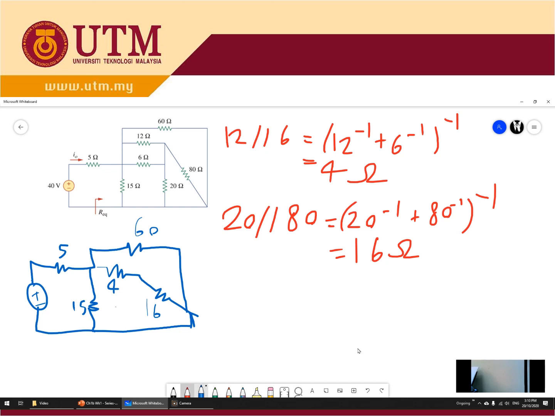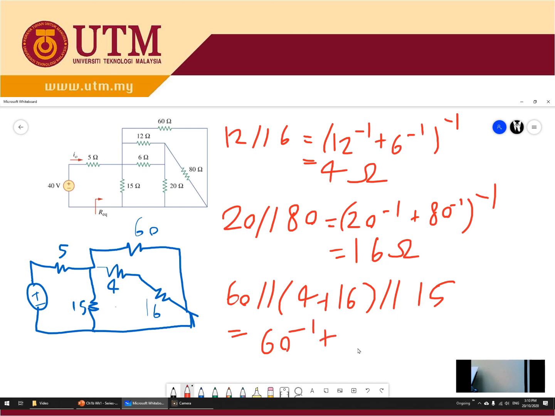So what to do next is 60 parallel with 4 plus 16 parallel with 15, so equals 60 plus 20 plus 15. Don't forget the reciprocal of the answer.